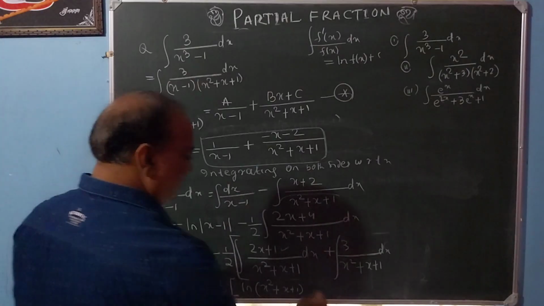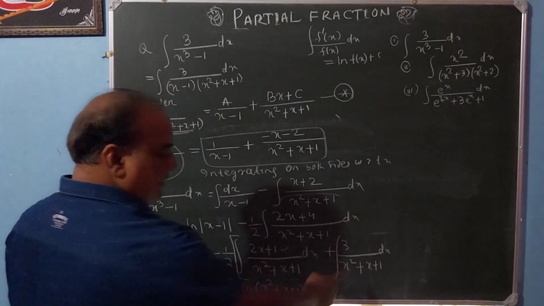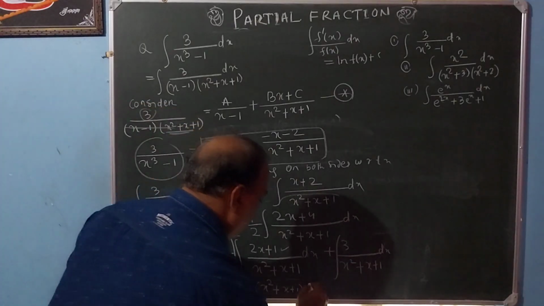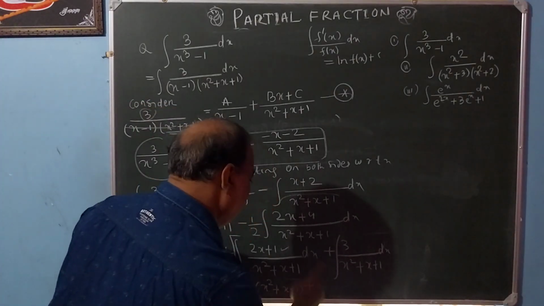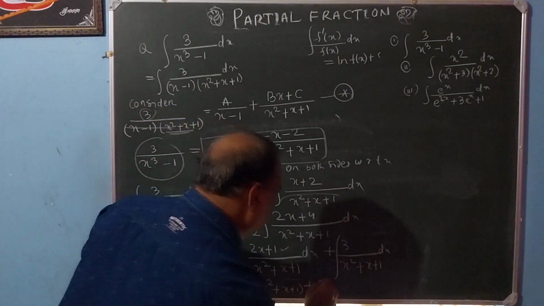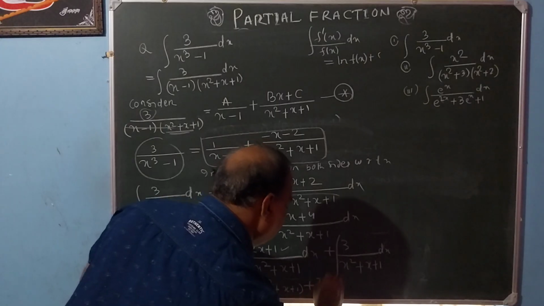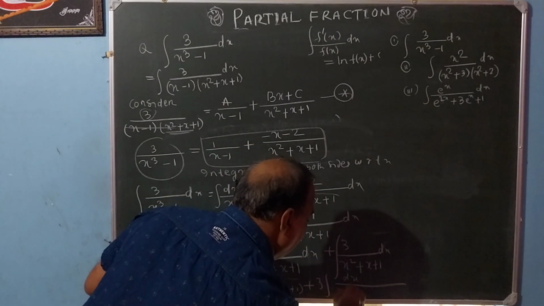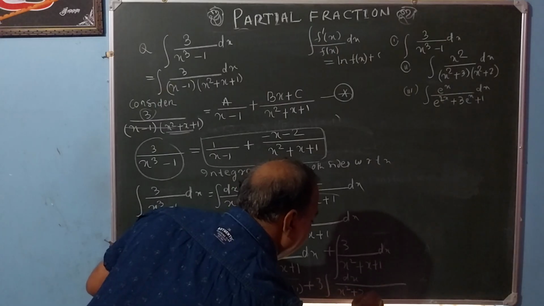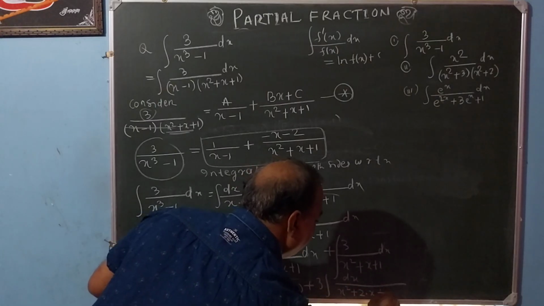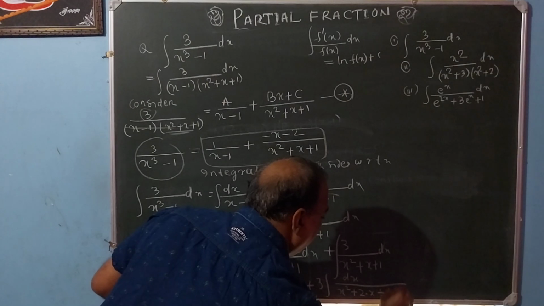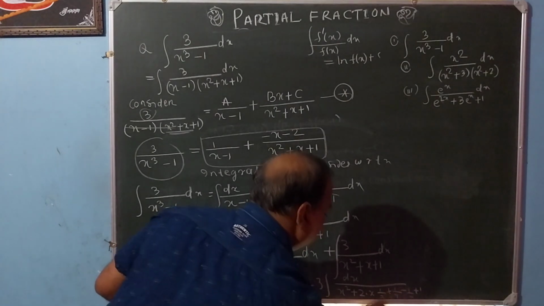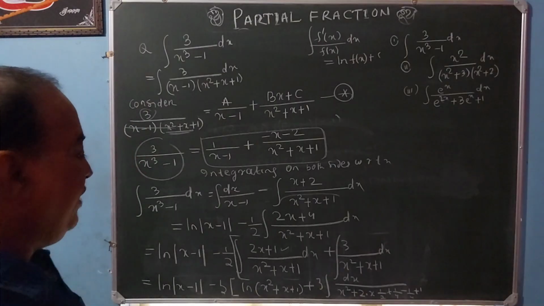Okay, plus we have to break this denominator as the sum of squares. Here 3 is constant, so dx by x square plus 2, a means x, b means 1 by 2, so 1 by 4 added, minus 1 by 4 subtracted, plus 1. Okay, so this part will be written like this.